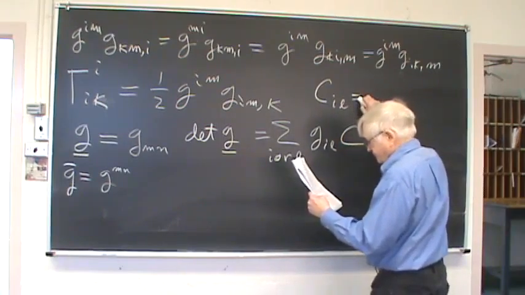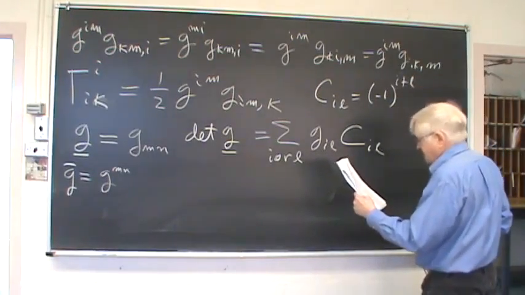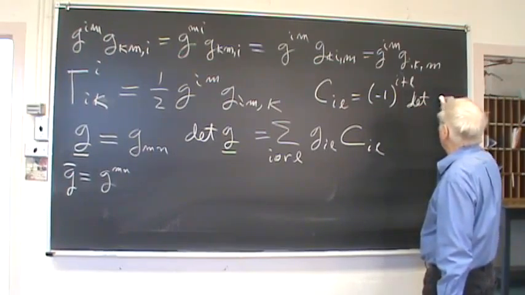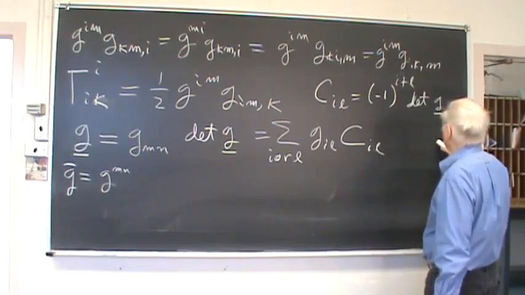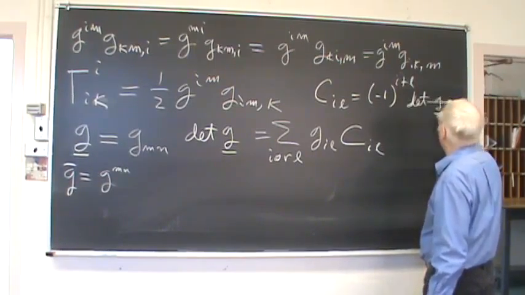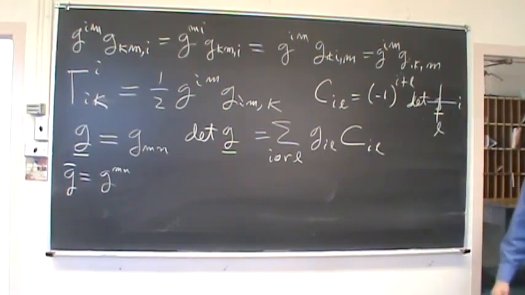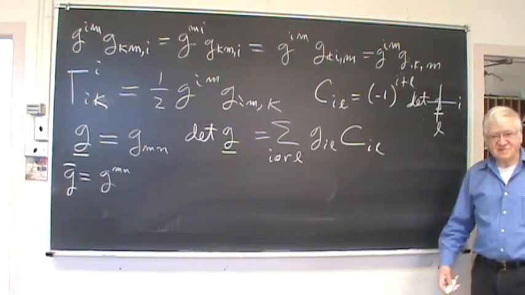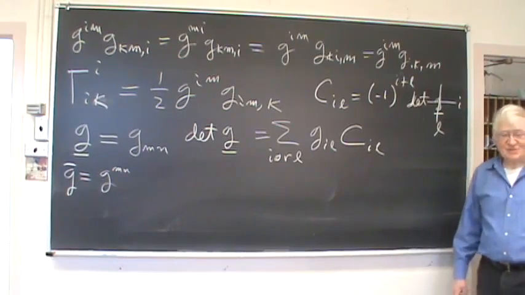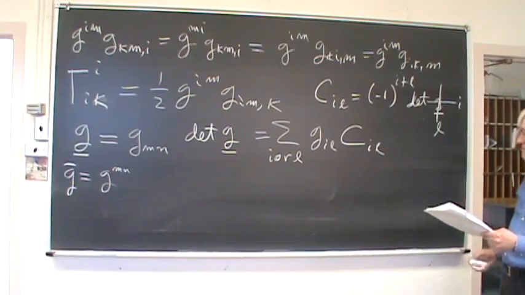C^{IL} is (-1)^{I+L} times the determinant of G underbar with row I struck out and column L struck out. So I don't know how to write that symbolically, but it's that stuff you learned in high school, and then you learned again as a freshman in college. And if you're like me, then you got it. But that's what it is.